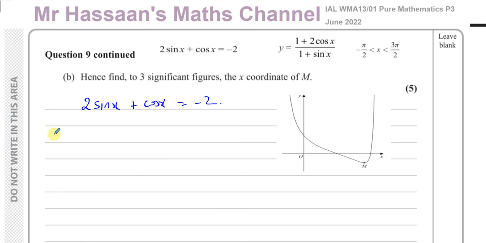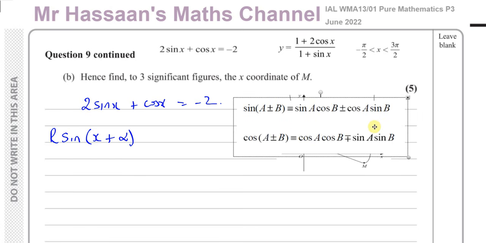Now we could rewrite this in 2 ways actually, but the way it looks here, we could use r sine x plus alpha. That form will give us something like this, from our addition formulae, which I'm going to bring up now so you can see them. Okay, so these are the addition formulae from the formula book.